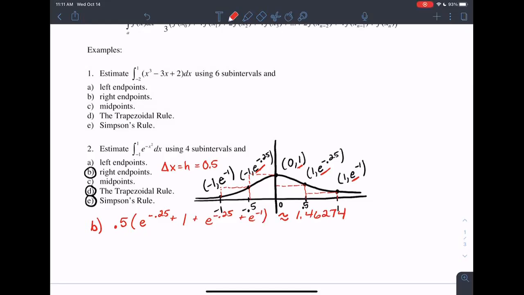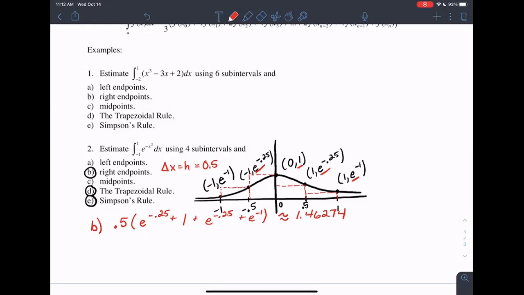So you guys can let me know when you get there if that's what you got. Aaron E, thank you. Okay, I figure if two of us get the same thing up to 5 places after the decimal, we're probably pretty good.